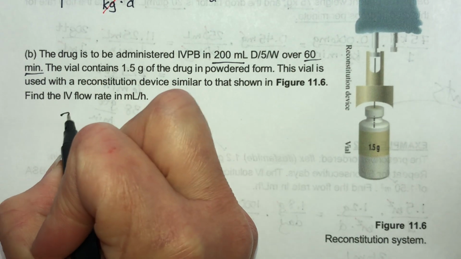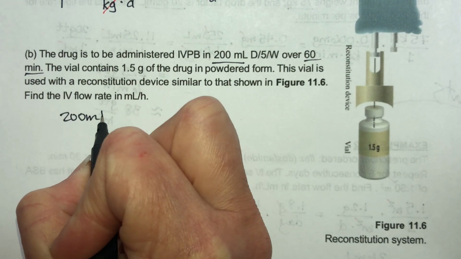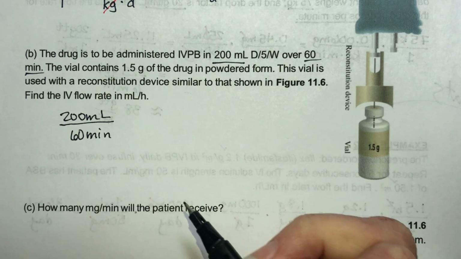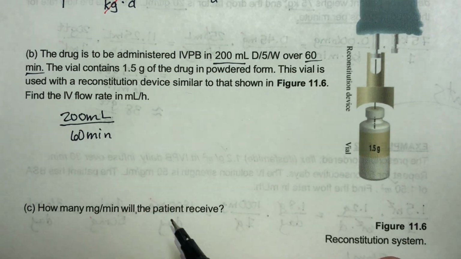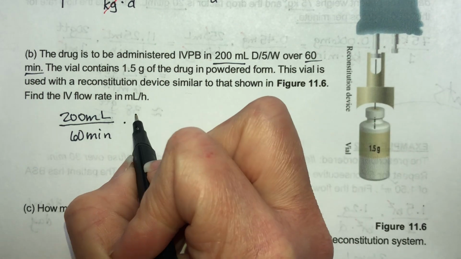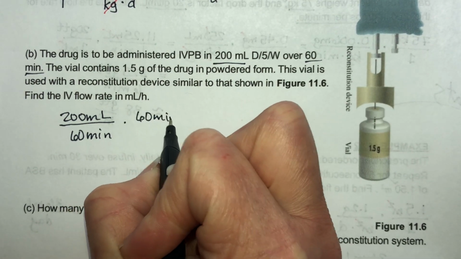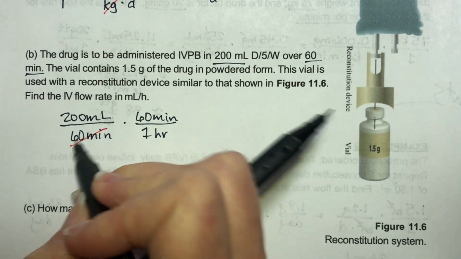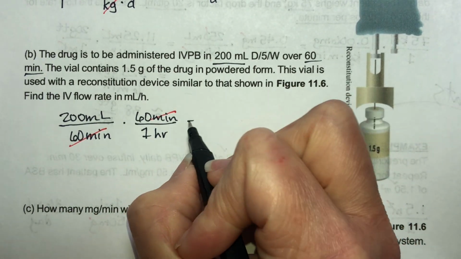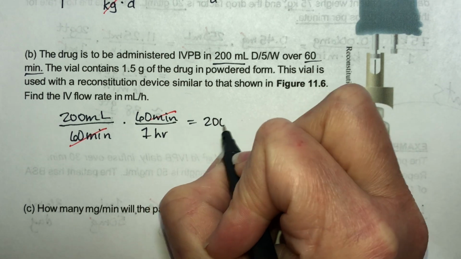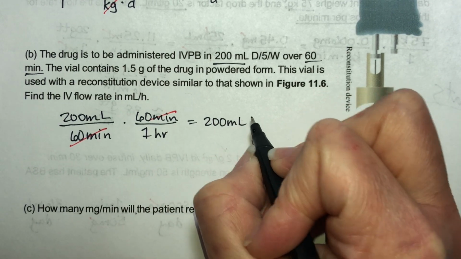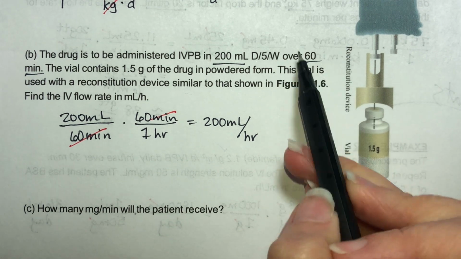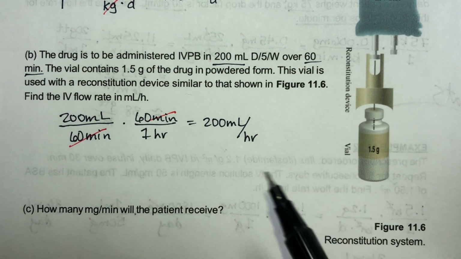So this is 200 milliliters over 60 minutes. Well, there are 60 minutes in 1 hour, and this whole thing cancels out. So in milliliters per hour, it's 200 milliliters per hour. You could have gotten this very quickly just by saying, oh, well, 60 minutes is an hour. I'm going to substitute it. No big deal.